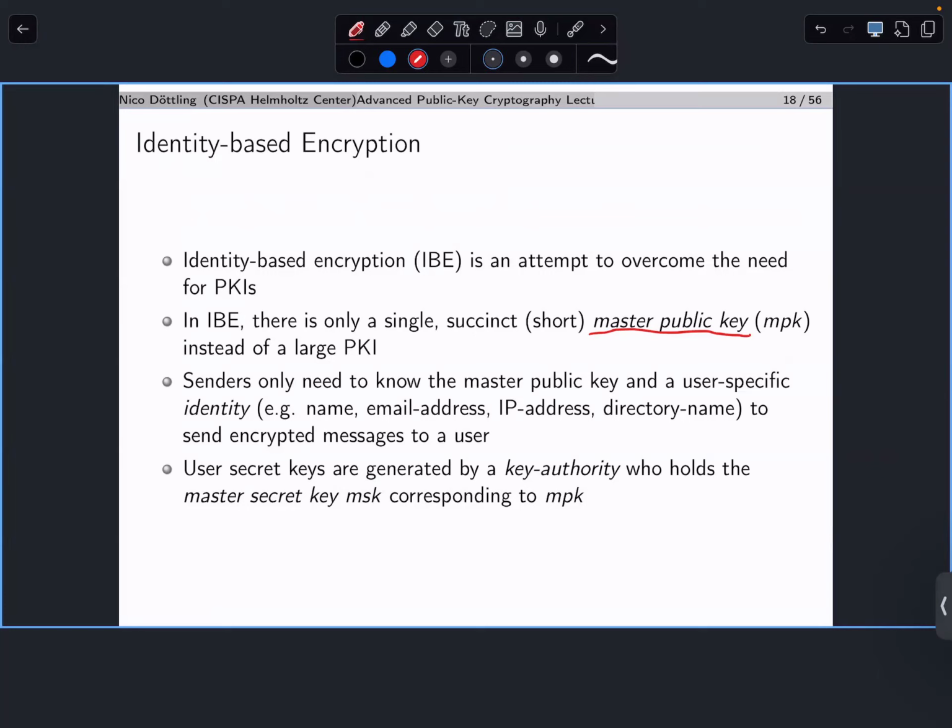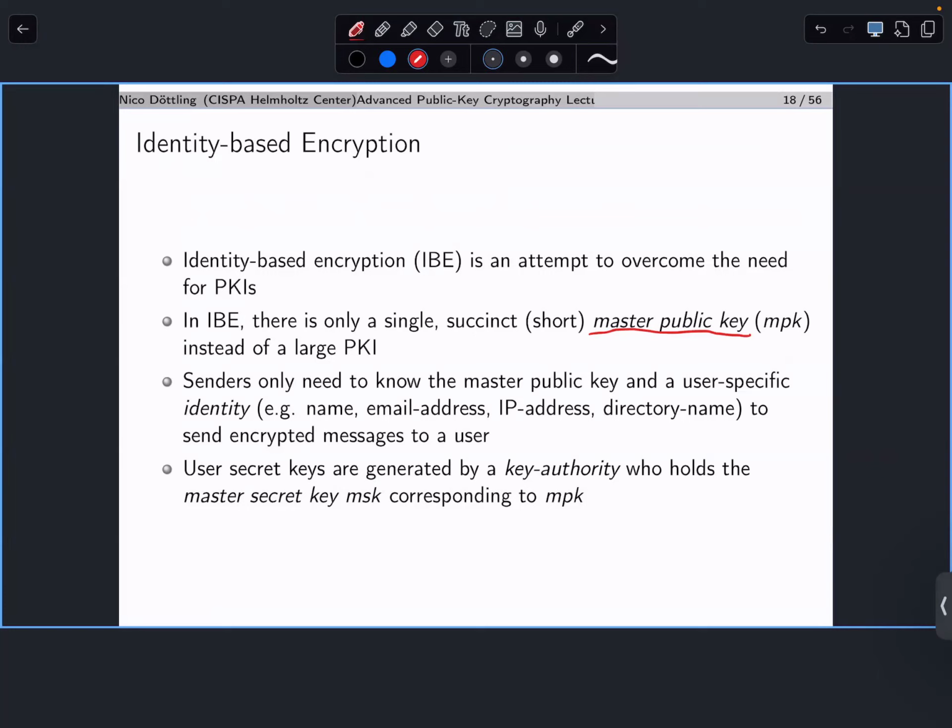Generally, this is just a string. Think of it in easiest terms just as a binary string. So an identity is just a binary string which, however, uniquely identifies the receiver.